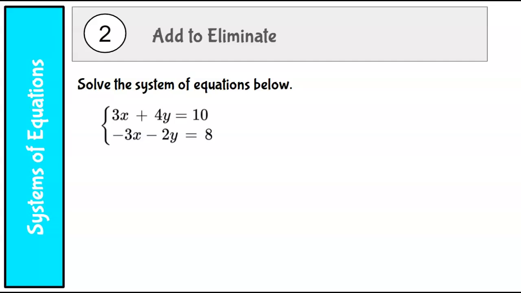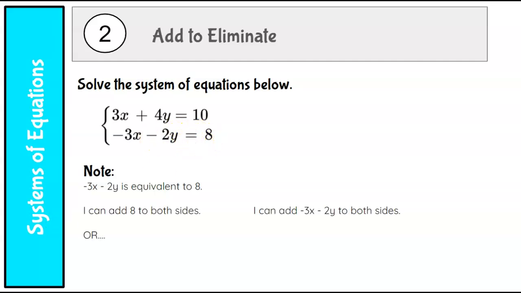Let's look at how that applies to elimination. We're going to go back to that original problem in a little bit, but I wanted to start with one that's a little bit simpler. So we're going to solve this system of equations below. The first thing to notice is that negative 3x minus 2y is equivalent to 8. So this is my elephant and this is my hippo, and they're equal in weight to each other. That's what that equal sign means.